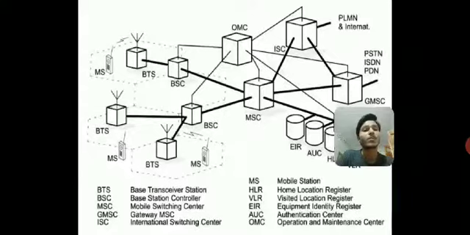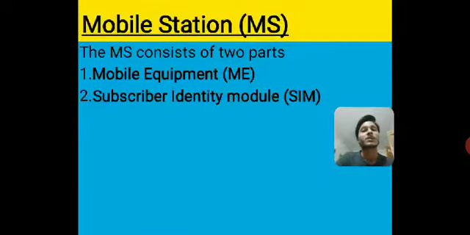HLR means home location register. VLR means visited location register. EIR means equipment identity register. AUC means authentication center. OMC means operation and maintenance center. These are the parts of the GSM system architecture. These are the components for the GSM networking system.